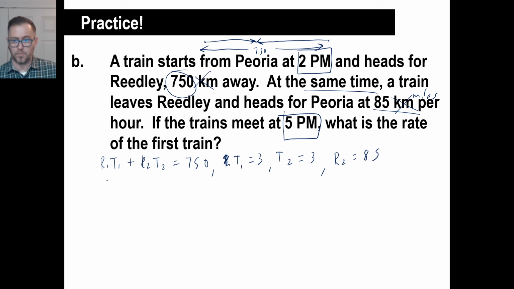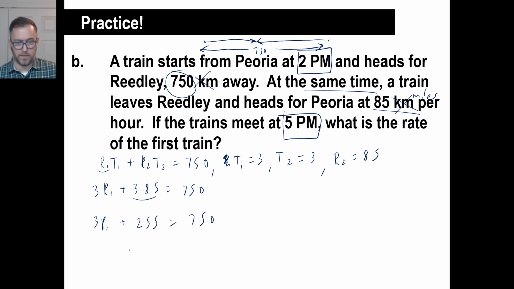So r sub 1, we don't know, of course. That's what they're asking for. T sub 1 is 3. So 3 times the rate of the first train plus 3 times 85 is going to be 750. 3 times 85 is 255. That equals 750. We just subtract: 3 times the rate of the first equals 750 minus 255.